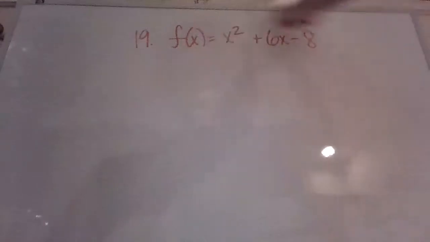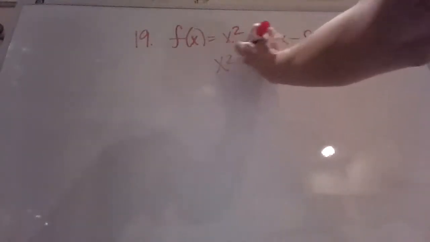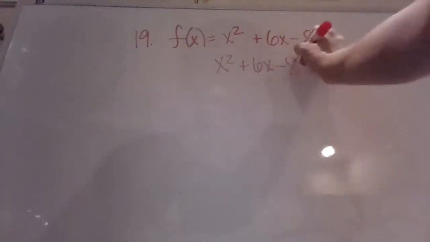So we're going to take this and set it equal to 0. x squared plus 6x minus 8 equals 0.